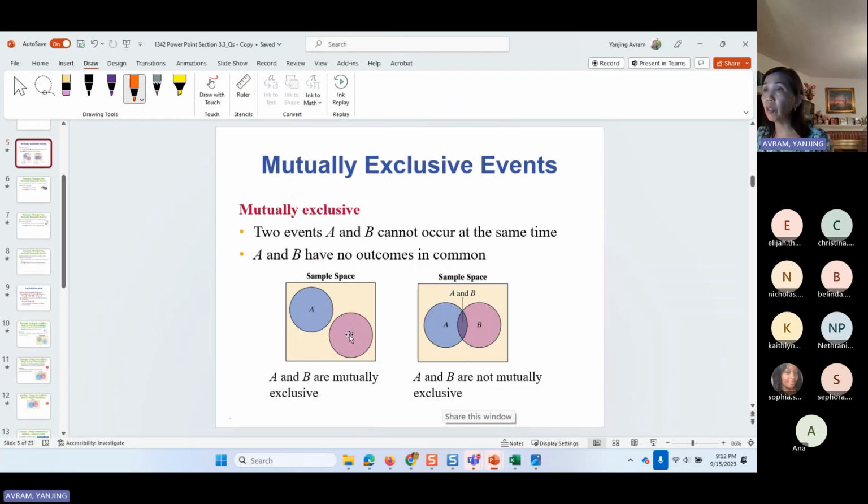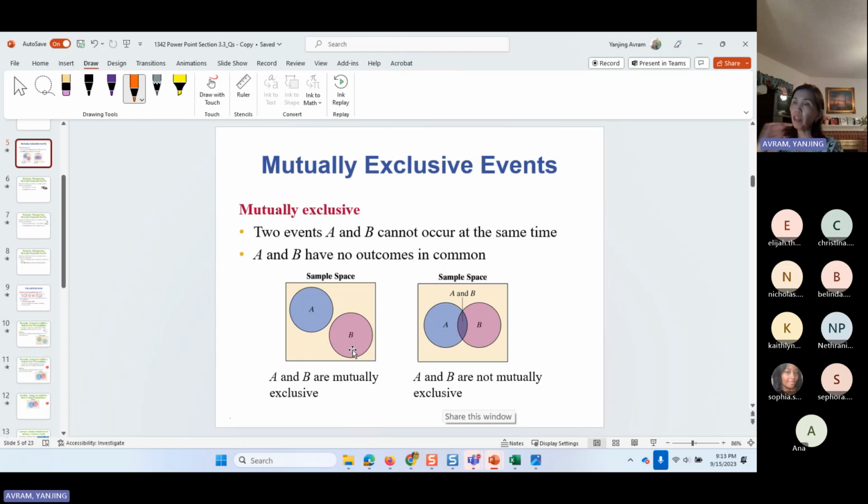Look at this Venn diagram here. If A has nothing to do with B, this is called mutually exclusive. Like I said, you go to the gym and you study math, so those are independent. Actually, that is not a good example for mutually exclusive. Say you are a math major and you are a history major.